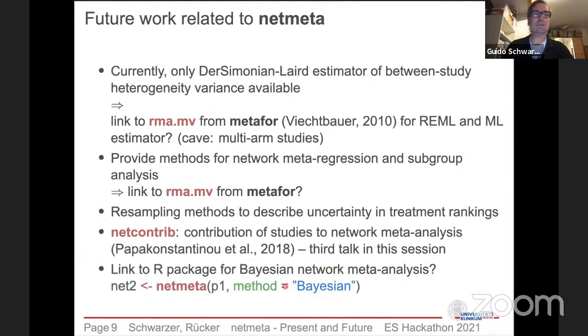And last, we also would like to provide a link to an R package for Bayesian network meta-analysis. So the idea would be to have an additional argument method, which then, if it's Bayesian, uses one of the available R packages for Bayesian network meta-analysis, and then one could use this new object and the other functions in netmeta for printing, plotting, and so on. That's it from my side. Thank you for your attention.